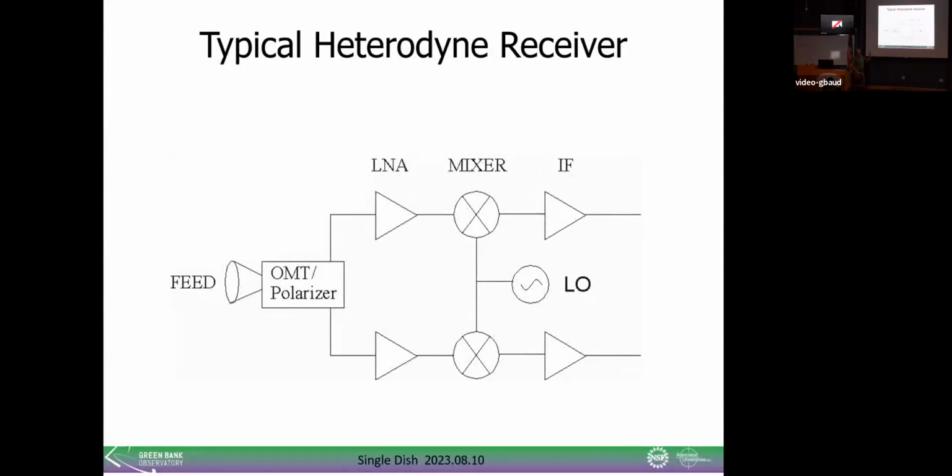There's a matrix of switches up on the GBT in the receiver room that allows you to select the receiver and the particular IF you want and route it through the optical system down to the converter modules. There's another mix down in the converter modules to the sampling frequency of the digital signal processing.